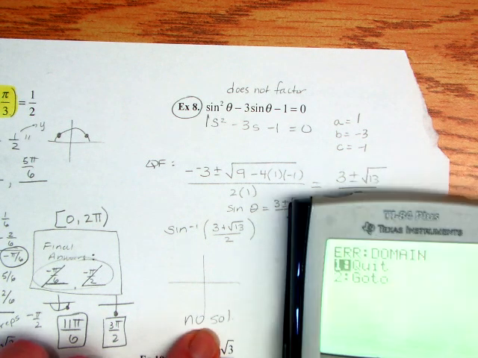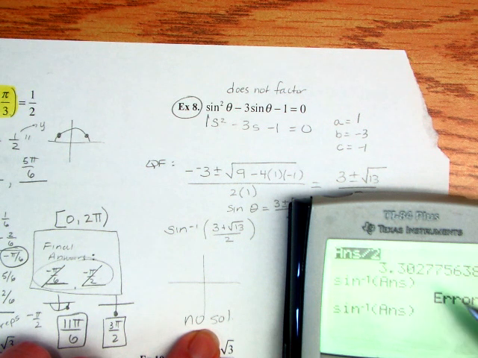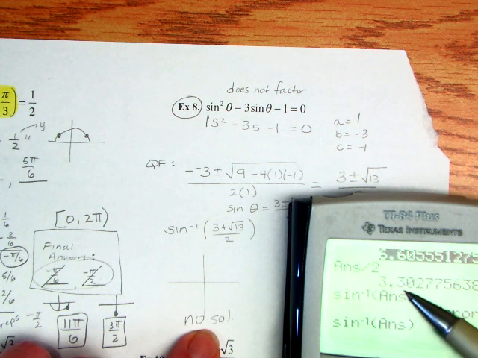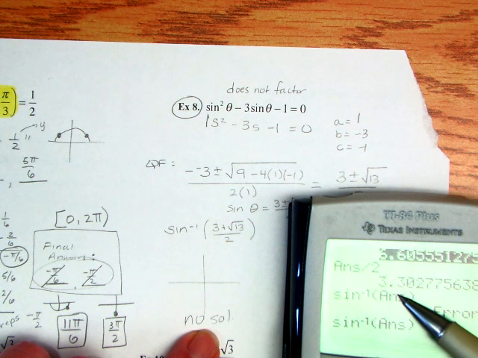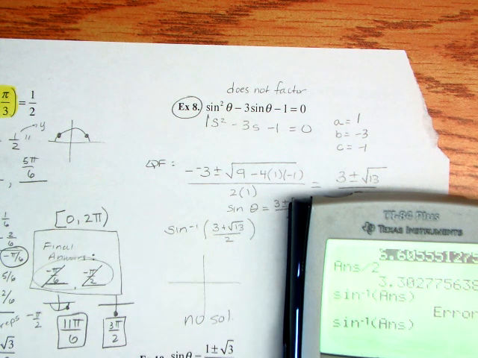The reason I'm getting an error is because when I went back up, if you notice, I have 3.3. 3.3 will never ever work to be a sine value. The opposite side should always be smaller than the hypotenuse. If you didn't recognize that, that's why you're getting the error.